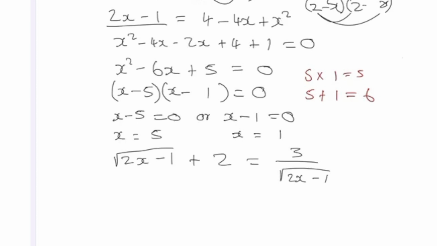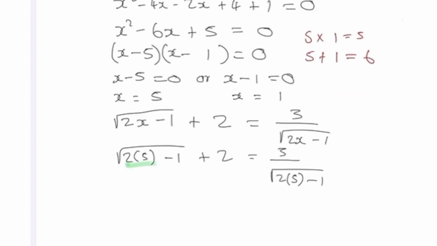When you plug 5, we get the square root of 2 into 5, subtract 1, add 2, that should give you 3 over the square root of 2 into 5 minus 1. Let's confirm. This is 10. 10 minus 1 should give you 9. 9 plus 2, that is 11. Let's check on the other side if it balances, which I doubt it will.